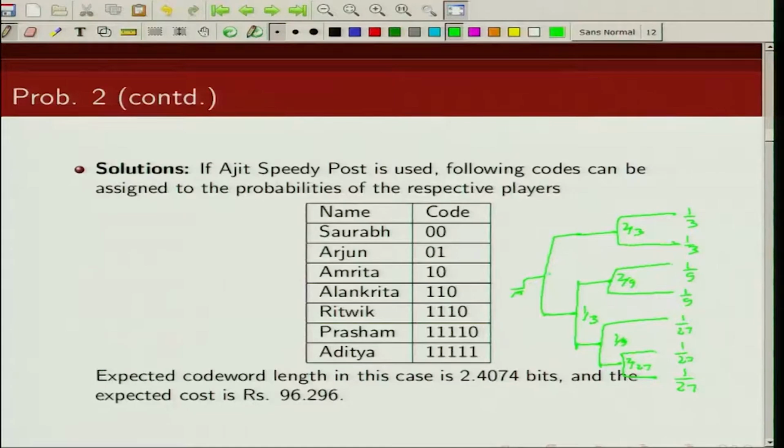So this is probability 1, and if we assign zeros and ones here, 0, 1, 0, 1, 0, 1, 0, 1, 0, 1.